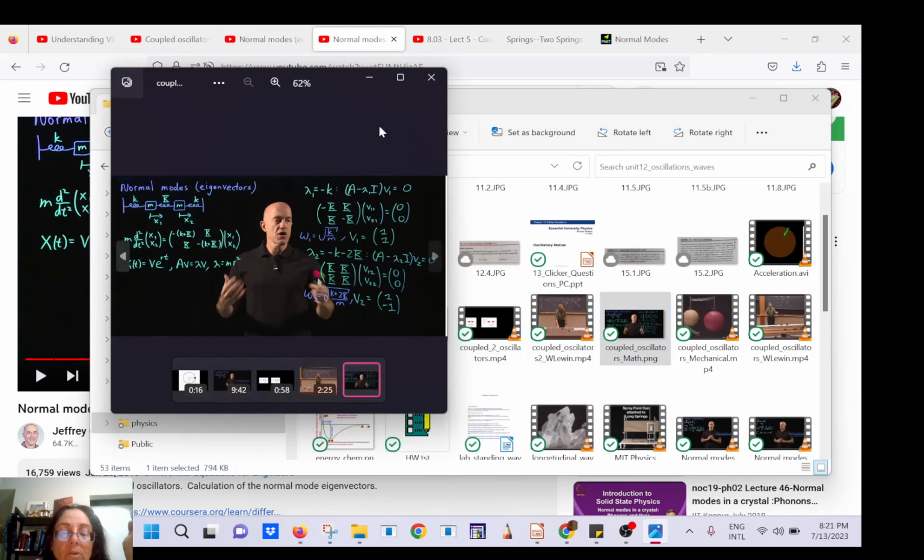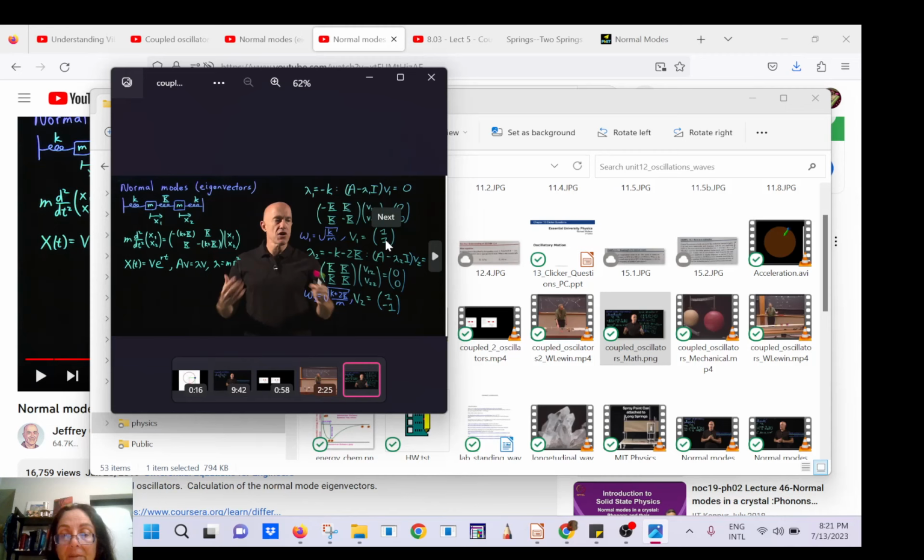So I recommend the video if you want to look at the math. But you see here the 2 natural frequencies, you have omega 0. And here, if the springs are the same, you're going to have 1 plus 2 is 3. So square root of 3 times omega 0.